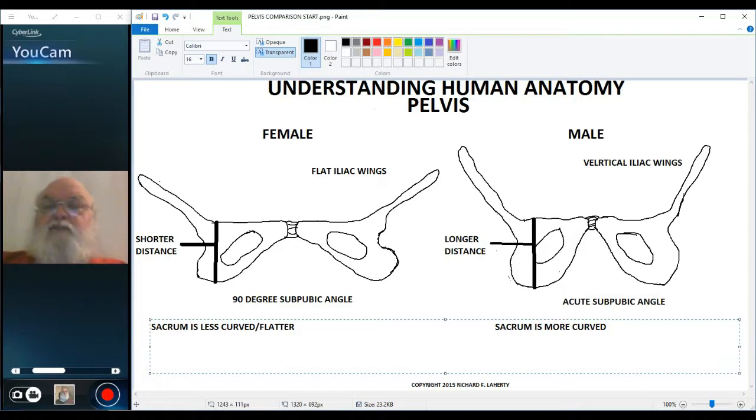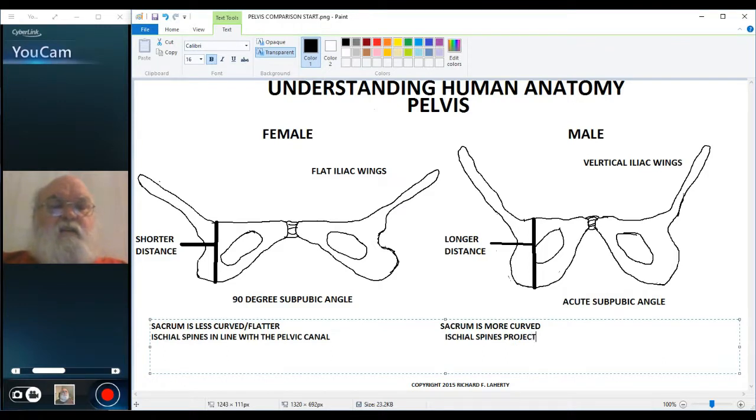In the female, the ischial spines are more in line with the pelvic canal. Whereas in the male, the ischial spines project into the pelvic canal.